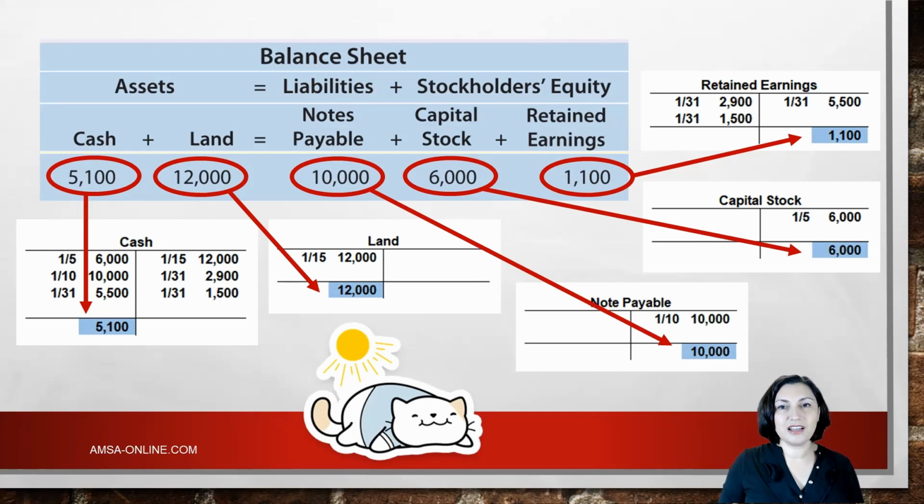Total assets are $5,100 cash plus $12,000 land equals $17,100. Total liabilities plus owner's equity is equal to $10,000 note payable plus $6,000 capital stock plus $1,100 retained earnings, equal to $17,100. Our accounting equation balances.